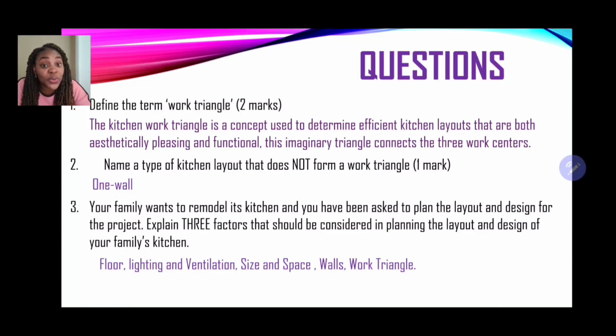But be sure to note that the question says you're supposed to explain. So you would have to expound on these and state why you should consider floor, or even give suggestions of possible flooring materials that are suitable for the kitchen.